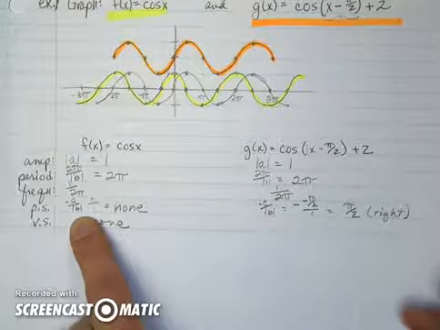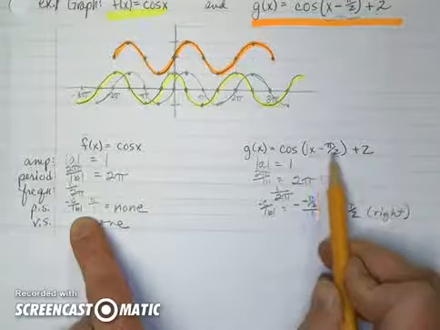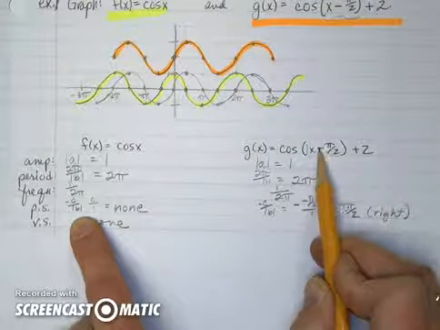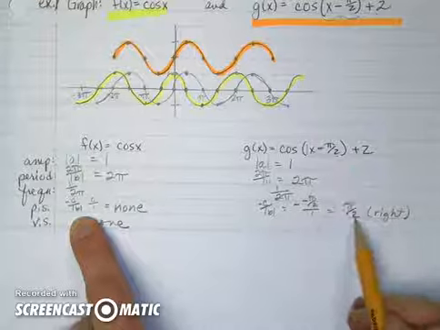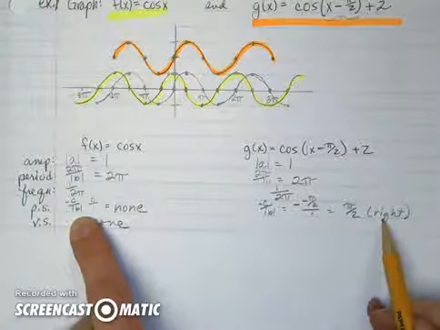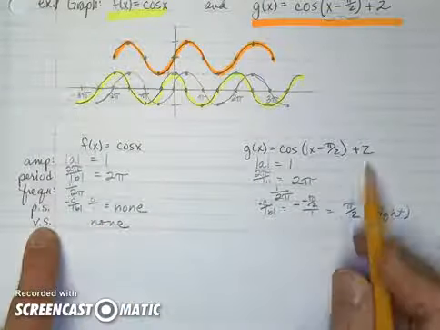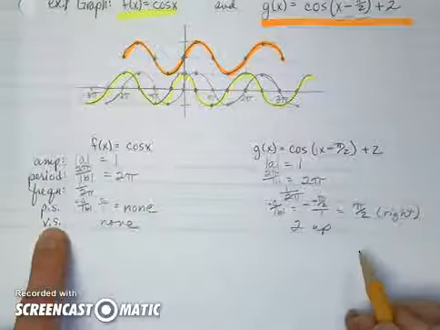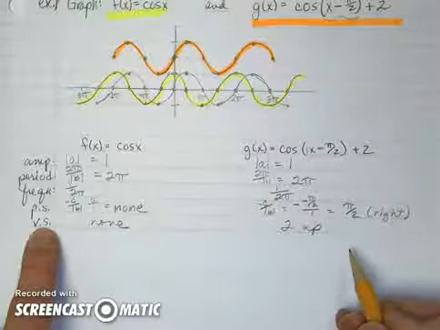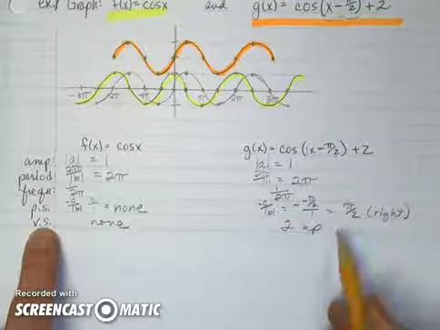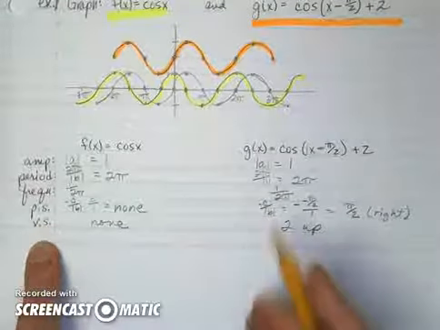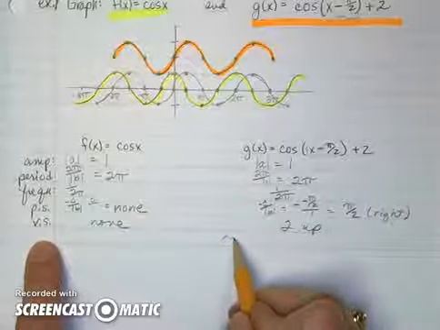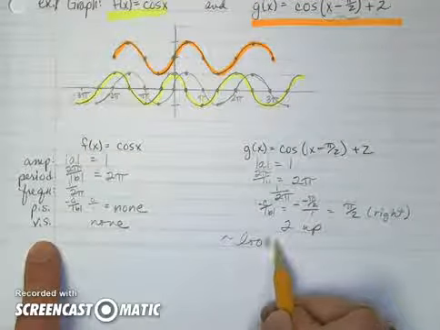Now if you notice, it says negative, but if I ask what is the phase shift, it's positive pi over 2, and it moves to the right. The vertical shift, here we know we went 2 up.